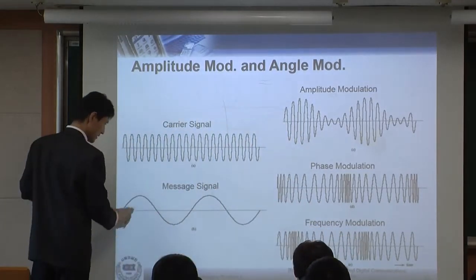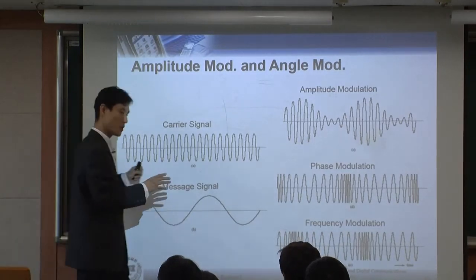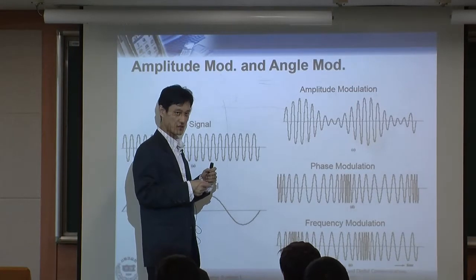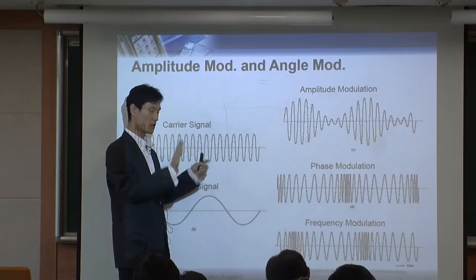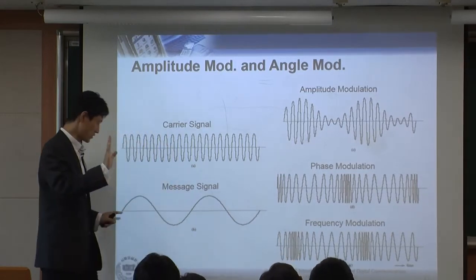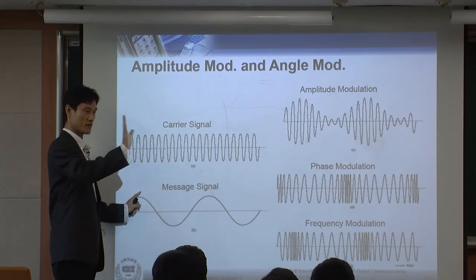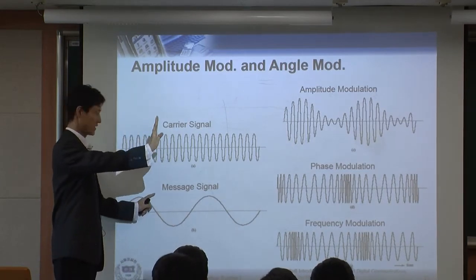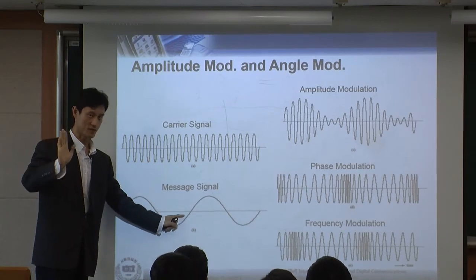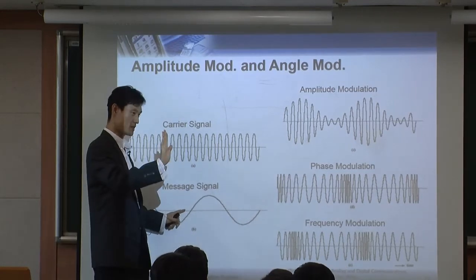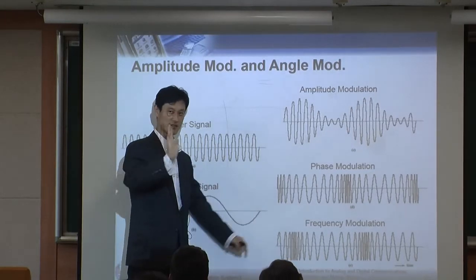Depending on your message, there is always a fundamental frequency. Fundamental frequency is fc. So your fc is the original frequency. And when your message goes up, your carrier frequency goes higher, like fc plus alpha, and goes back to fc and fc minus alpha, something like that.